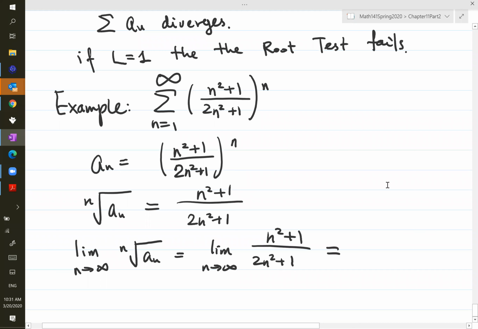Now this is a very easy limit, so you can find it. You can divide, or use L'Hopital's rule. With L'Hopital's rule, you get 2n over 4n as n approaches infinity.